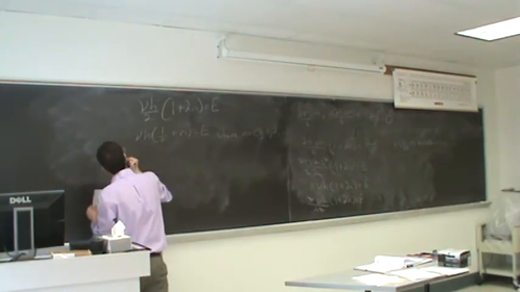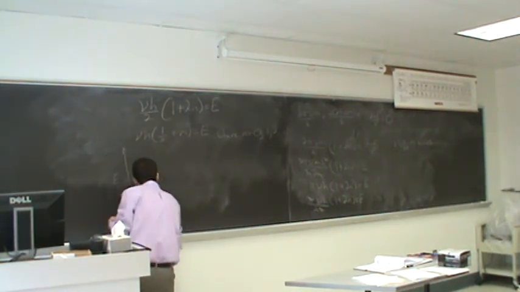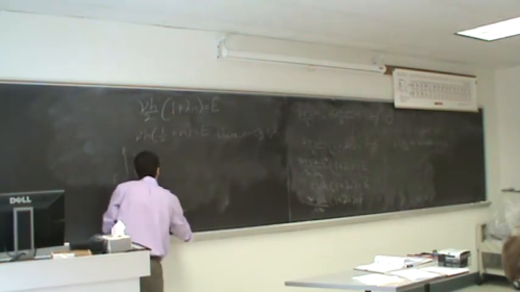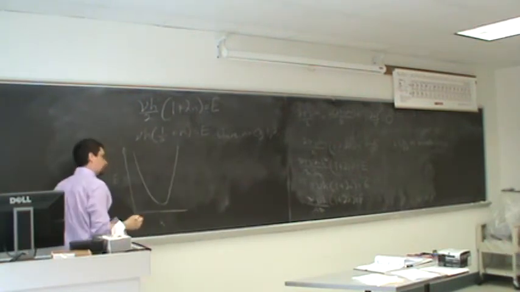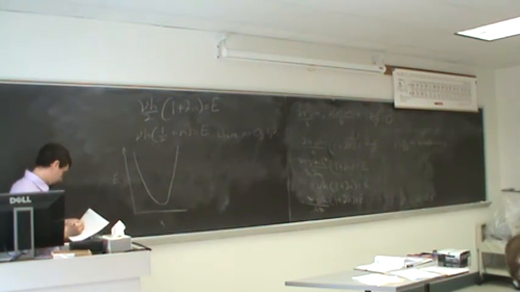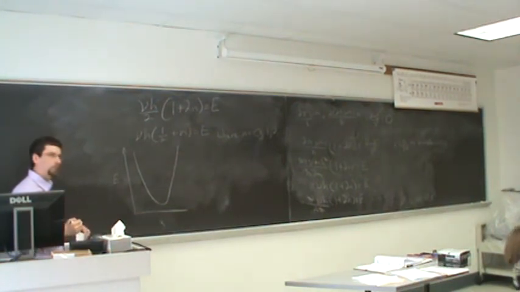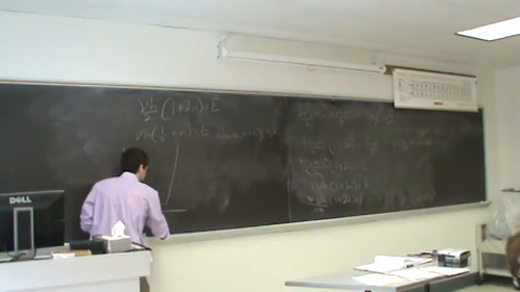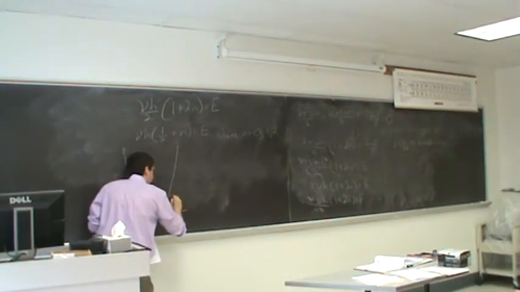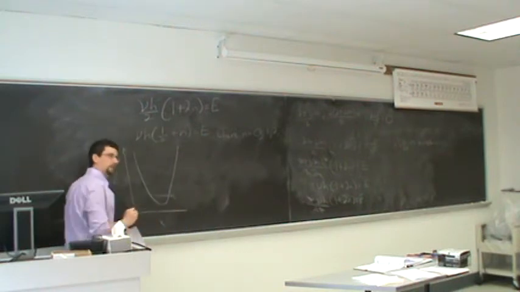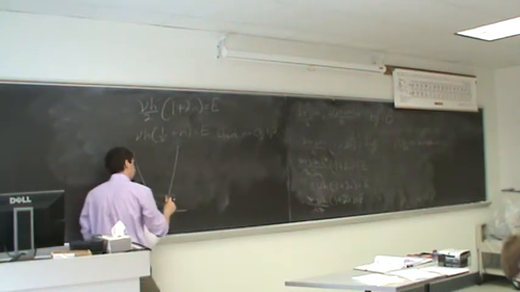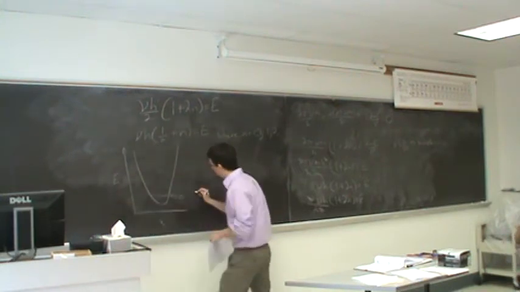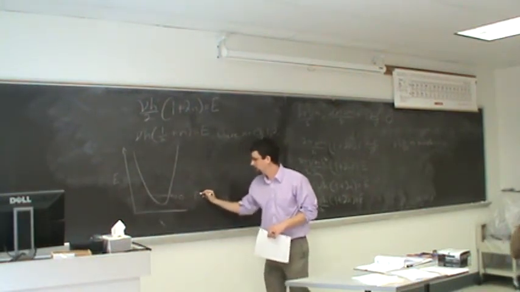We have our energy, we have our displacement in x. Here's our function. n equal to 0 is along here. What's the value of E going to be for that system?